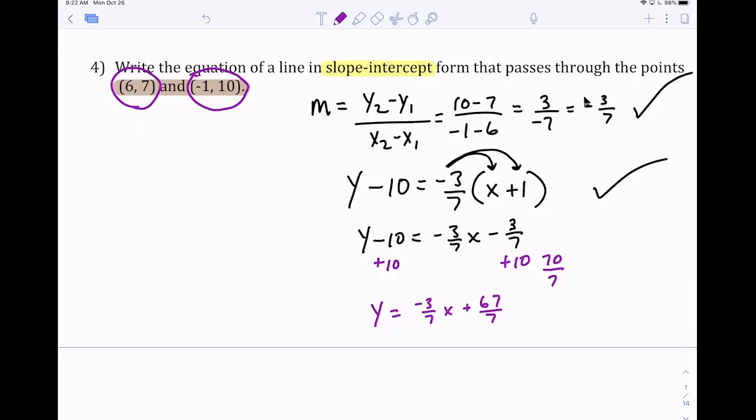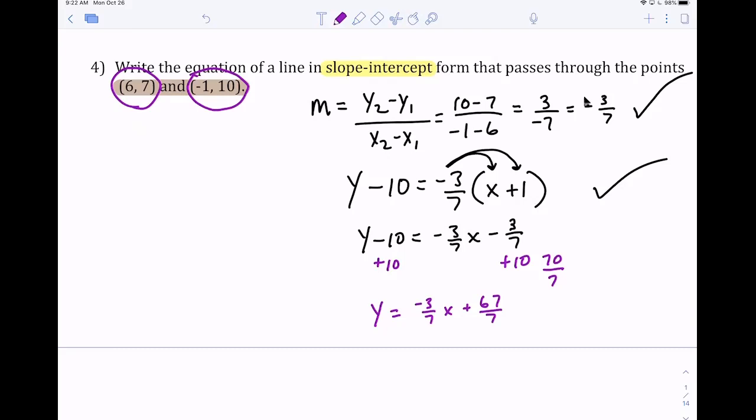You just type in on your calculator -3 divided by 7 plus 10, and then math, enter. All right.